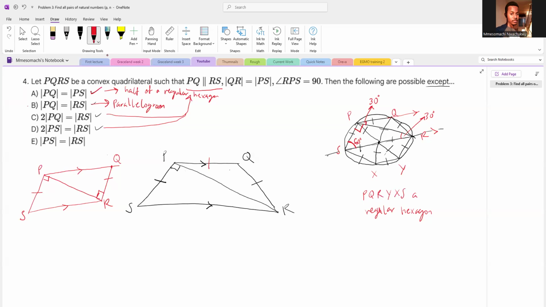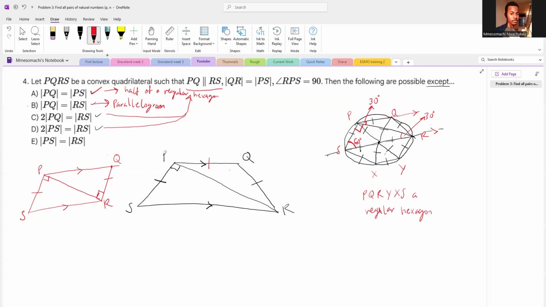But then for the first option, option A, option C, and option D, if you consider the isosceles trapezium that arises from half of a regular hexagon, we get those possibilities occurring. So now the last option is where we have a problem. We're looking at whether it is possible for PS to be equal to RS.